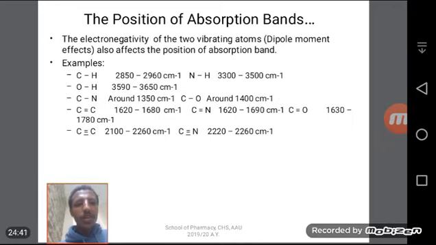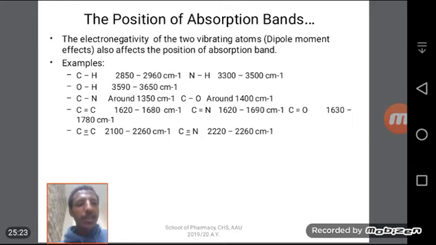Oxygen-hydrogen stretch has 3590 up to 3650 per centimeter because oxygen is more electronegative than carbon. Carbon-nitrogen stretch is around 1350 per centimeter because the electronegativity of nitrogen is slightly greater than that of carbon.